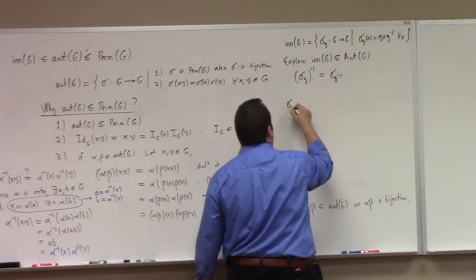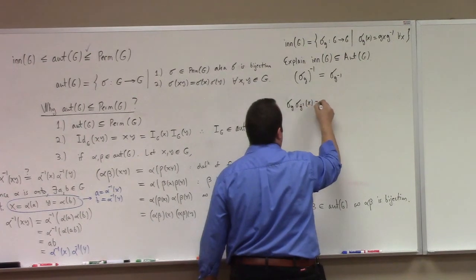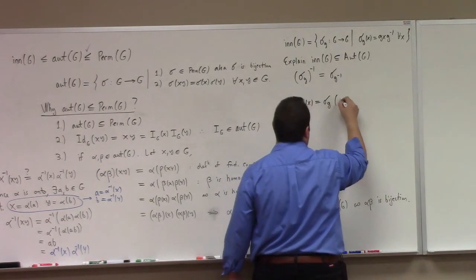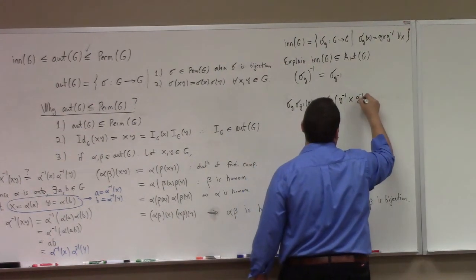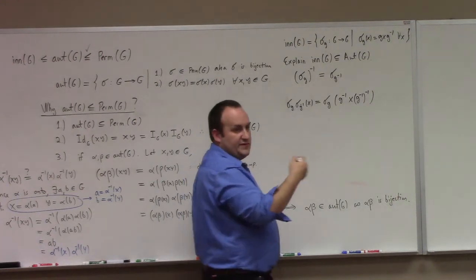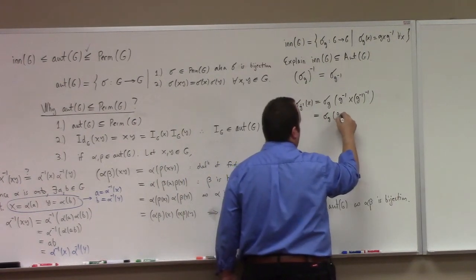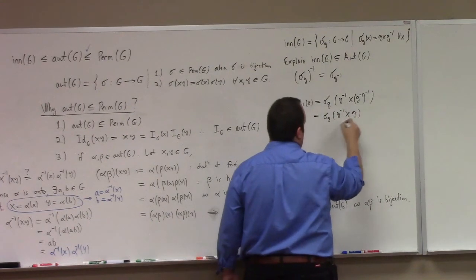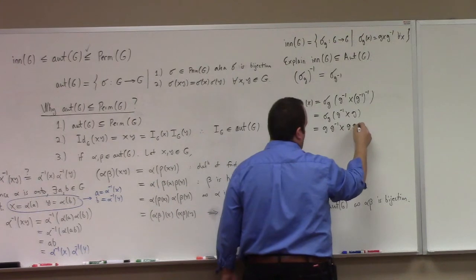So sigma g inverse of x would be what? By definition, the inverse of the inverse is the thing again, which is, hooray.